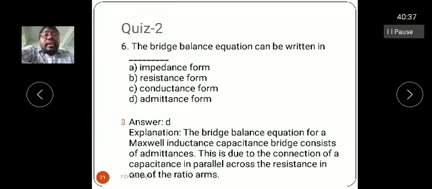In the circuit, the resistor R1 and C1 are connected in parallel. That's why the bridge balance equation is in admittance form.